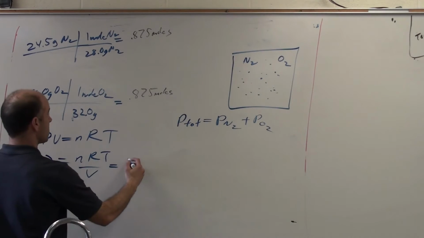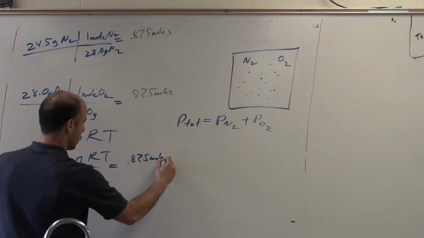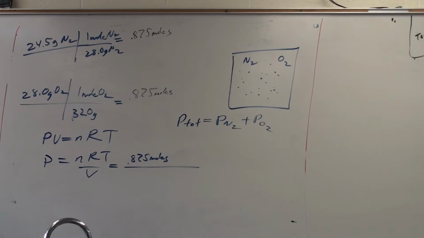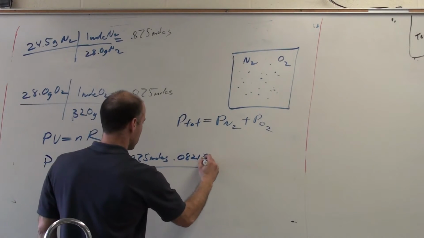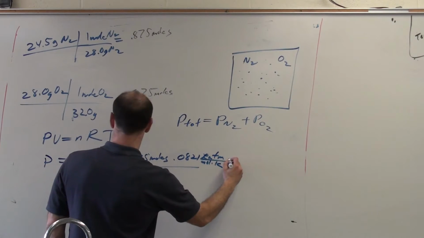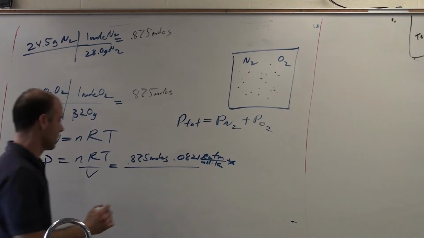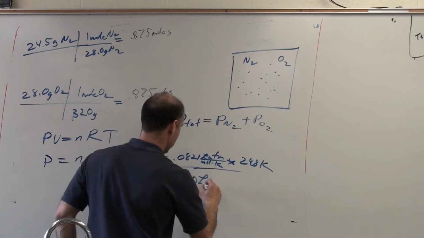The pressure is going to be 0.875 moles times, do they want it in a certain pressure? ATMs, so we'll use the 0.0821 times our temperature, which is 298, over our volume, 5 liters.